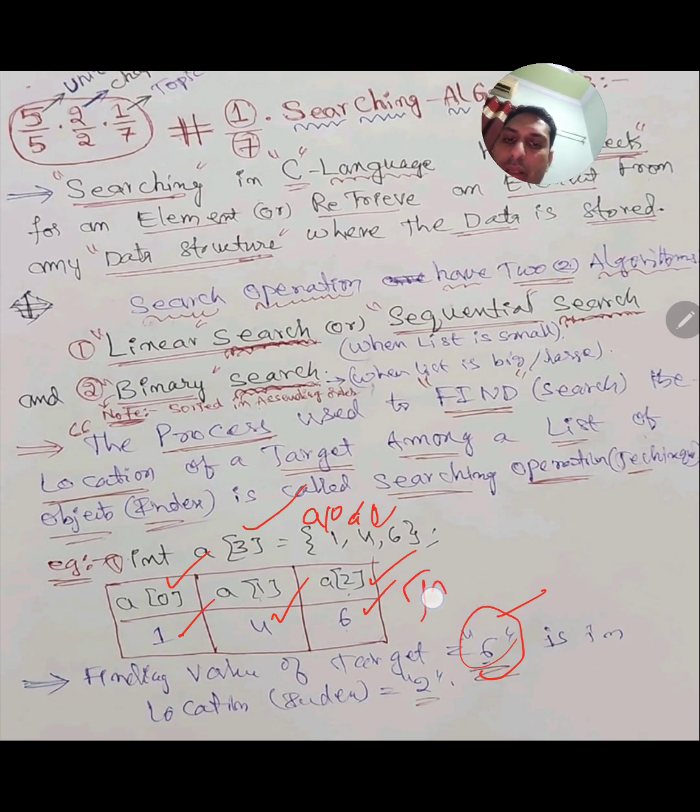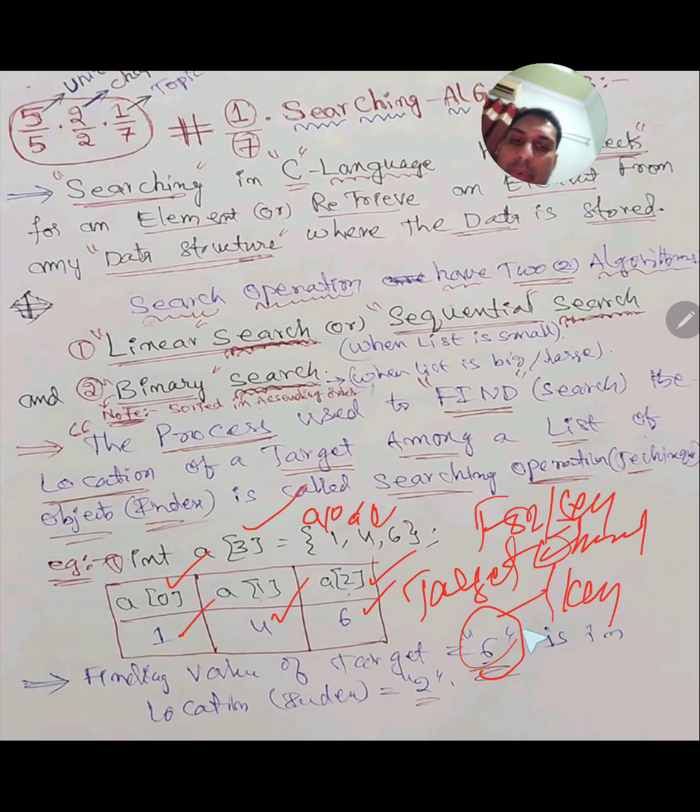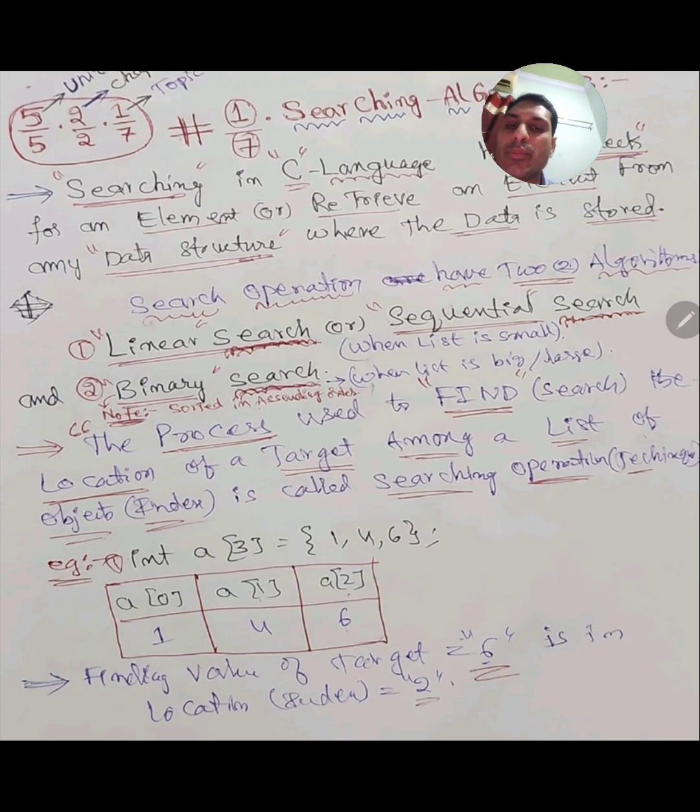So here the target element or key element or finding element or search element is 6. 6 we are going to find from the memory, RAM. See, from stored data I wrote here, data. So from RAM the values will be there. The value of the target element is found at location 2. This is the theoretical explanation, very simple.